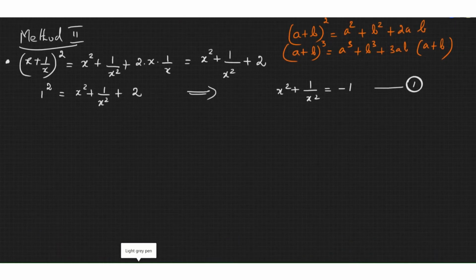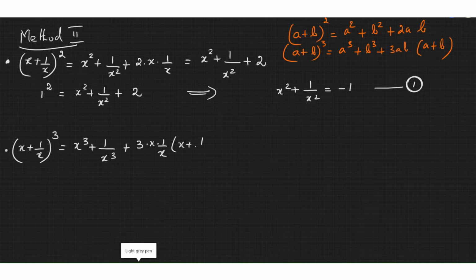Let me make use of a plus b the whole cube to find x plus 1 by x the whole cubed. And that is x cubed plus 1 by x cubed plus 3 times x times 1 by x times x plus 1 by x.